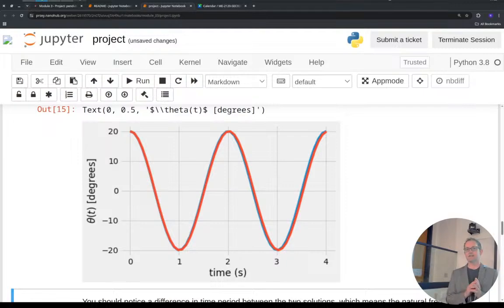Does it depend on the length of the pendulum? The length definitely changes both of them, right? But if you have two pendulums that are the same length and you're just comparing different angles, then they should be the same if it's a small angle approximation.